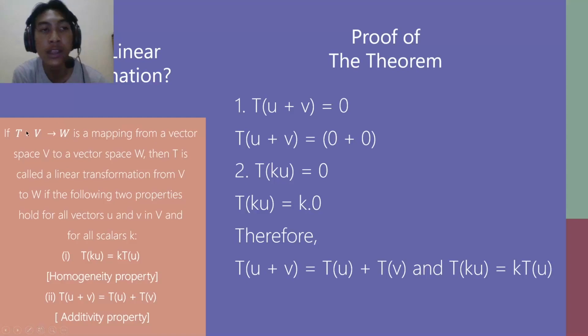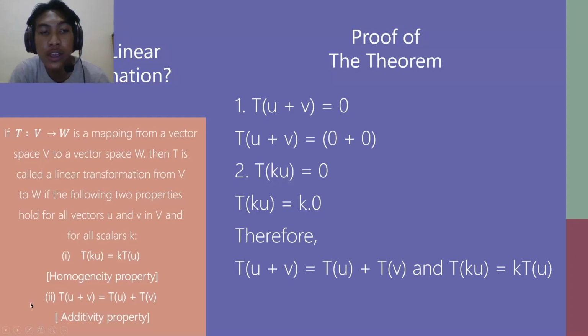So the theorem is like this. If T from V to W is a mapping from a vector space V to a vector space W, then T is called a linear transformation from V to W if the following two properties hold for all vectors U and V in the space V and for all scalars K. The first one is T(kU) equals k times T(U), and it's called the homogeneity property.